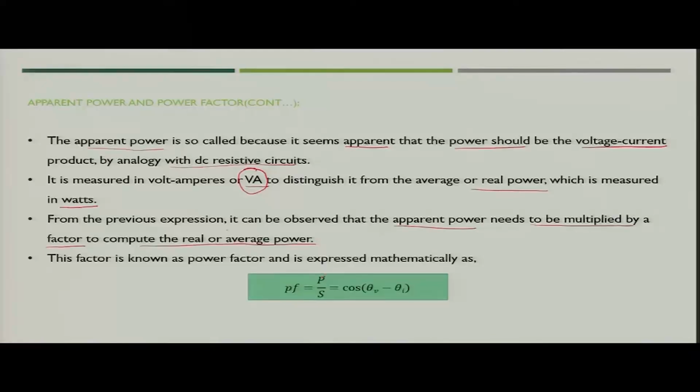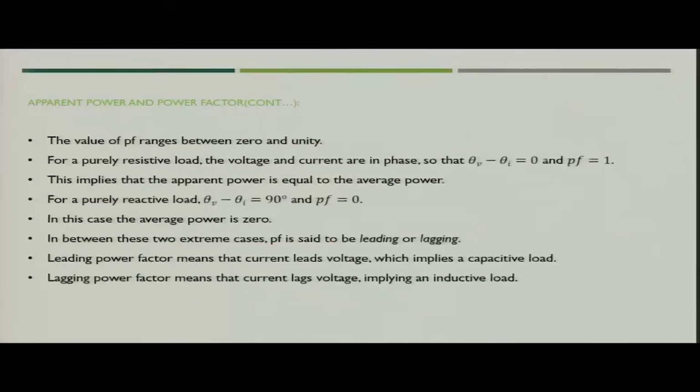If you divide real power by apparent power, you will get the term cos(theta V minus theta I), which is called the power factor in mathematical terms. This power factor ranges between 0 and unity. If you have a purely resistive load, the voltage and current would be in phase. In that case, theta V minus theta I will be 0. So, what will happen?